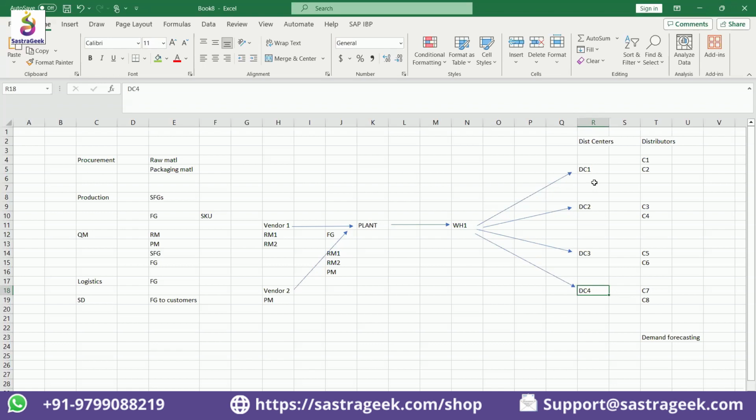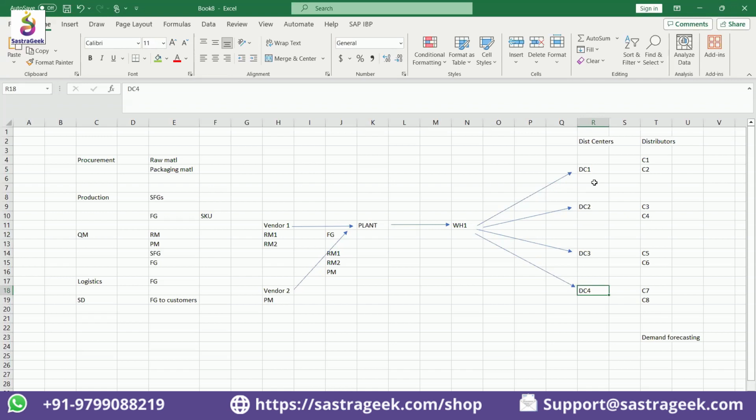Once demand planning is done, that means once you have identified for the next 2 years or 3 years approximately what my forecast is in each month, how much I should be able to sell in January, how much in February, and so on for the next 3 to 5 years as per your periodicity, right?